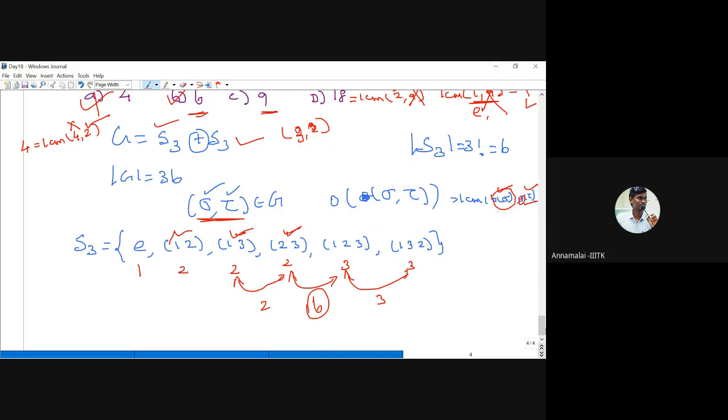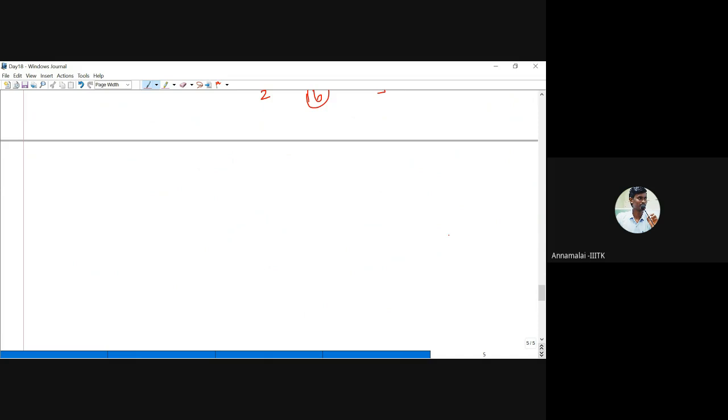The next one also was asked in the same exam. Which of the following are true? That means more than one option may be true. The first option is Z3 direct sum Z3 is isomorphic to Z9.